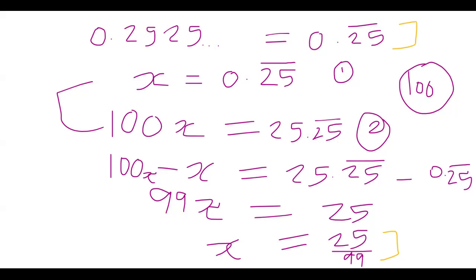Let's take one more example. This example is somewhat different. Let's see how. We will learn how to convert 0.341 bar. Here, after the decimal, not all digits are repeating, only 41 is repeating.